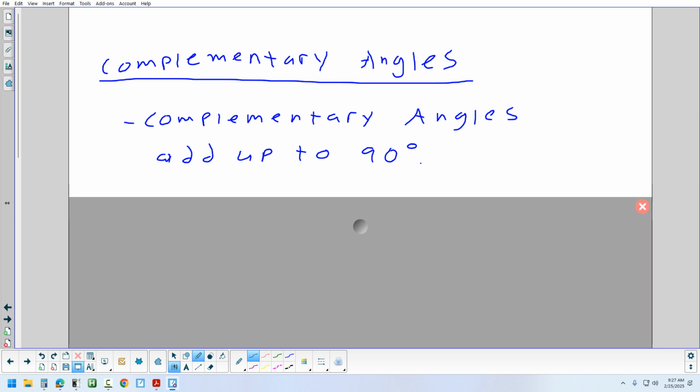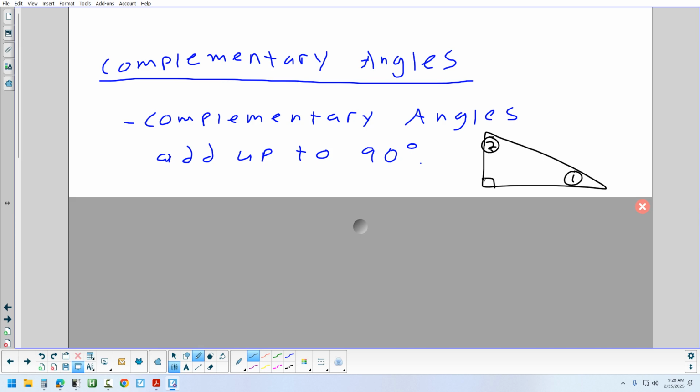Let's look at this. We don't normally label the angles 1 and 2. We usually use Greek letters, but for now, I just labeled them 1 and 2. If I were to add 1, 2, and the right angle together, what do we know about all the angles inside a triangle when you add them up? 180, yes.